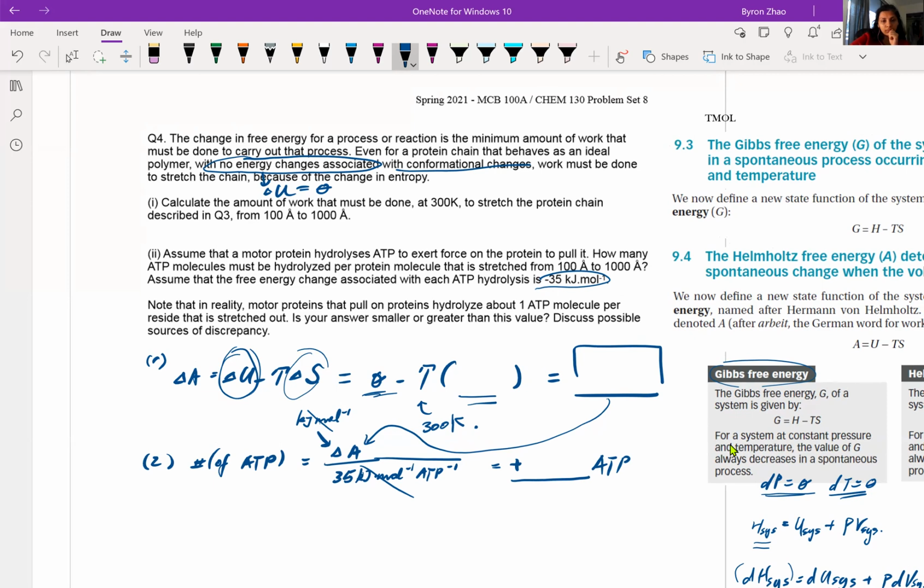Now what if delta U doesn't equal 0? There is stabilization energy holding the protein to prevent it from being stretched longer. Then adding that number in our free energy calculation equation will make it larger, right? And therefore we need more ATP. Does that make sense?